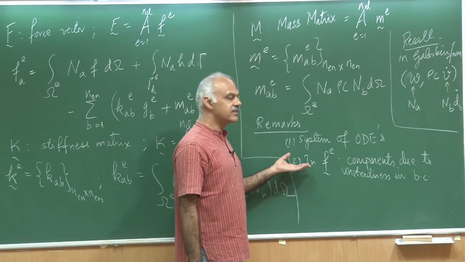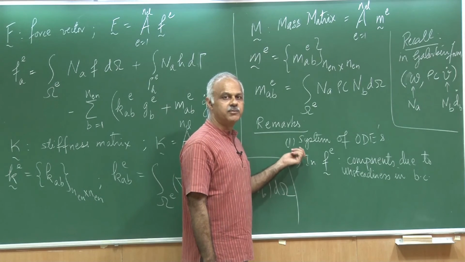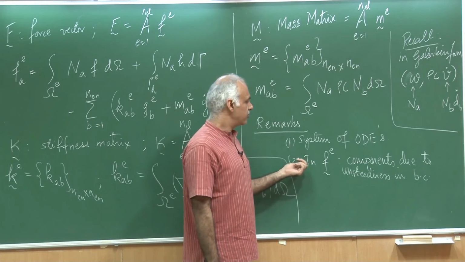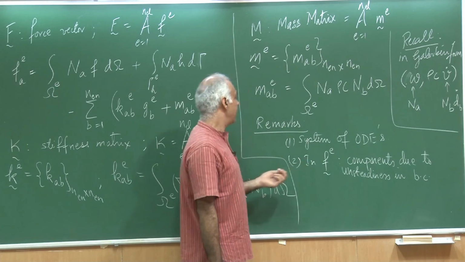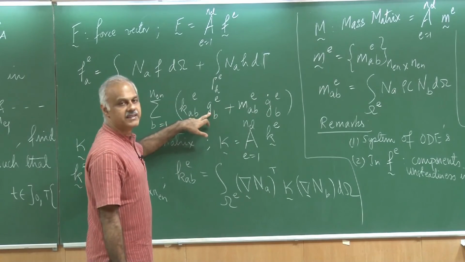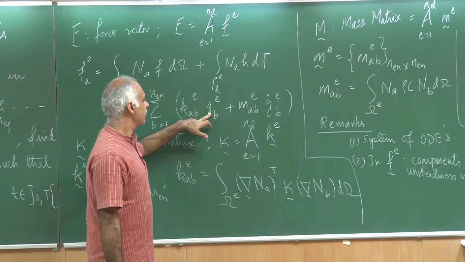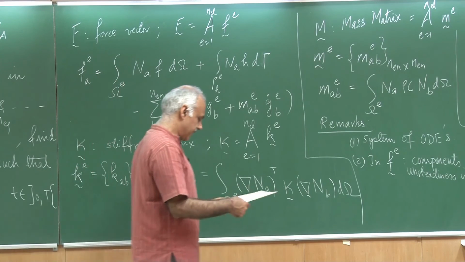So, you could ask yourself how the solution changes if I change my boundary conditions. That is essentially because of g and g dot, and where do they appear? They actually appear in the force vector. So, the solution will change through the force vector.